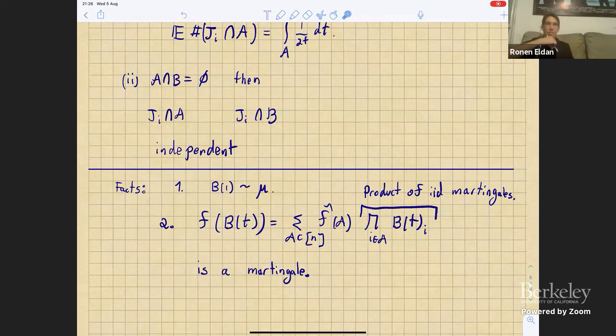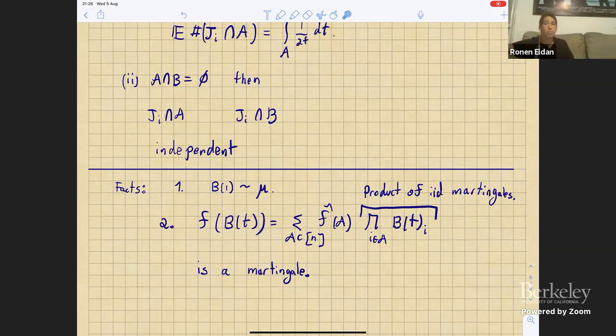We don't sample everything all at once, but we introduce some time axis and we sample more and more bits of randomness as time increases.